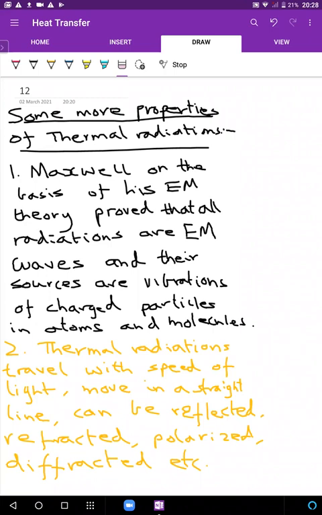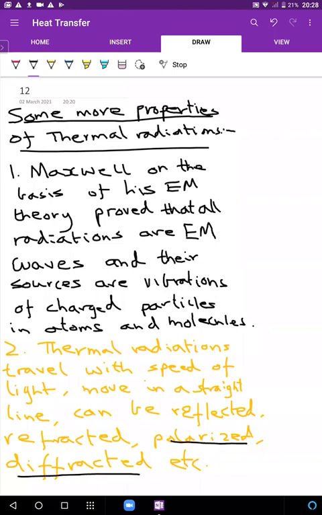In fact, whenever they accelerate, they emit an EM wave. That's something we'll keep for later. By the time you go through electromagnetism, it'll make more sense. So don't worry about these words.